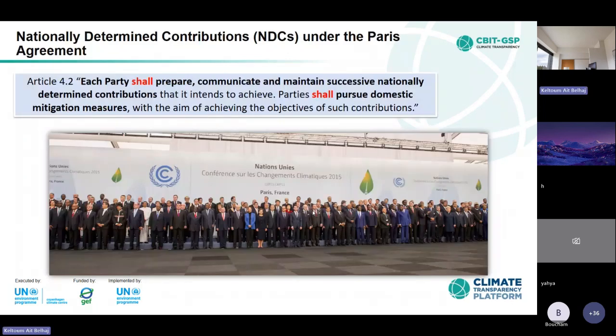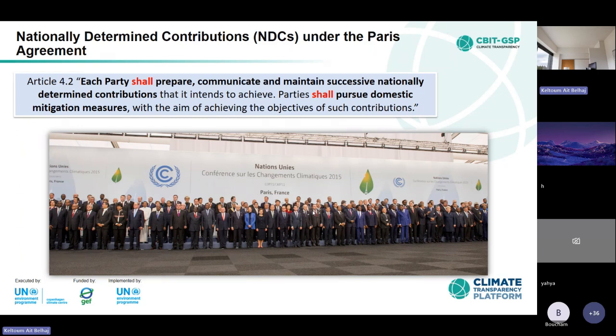All right, so following Article 4.2 of the Paris Agreement, every party is committed to prepare, communicate, and maintain successive NDCs. This means that countries are not only expected to make pledges, but to maintain and strengthen them over time.